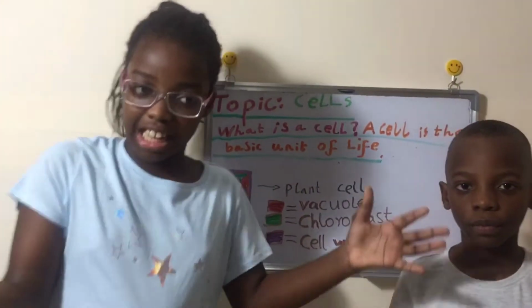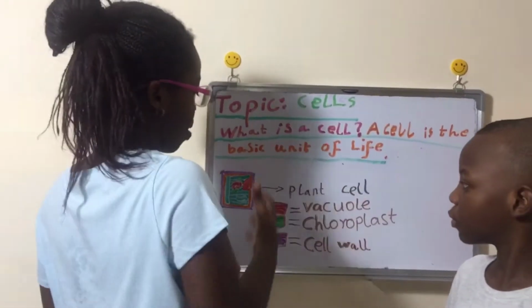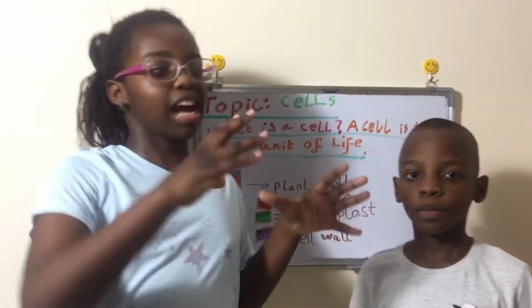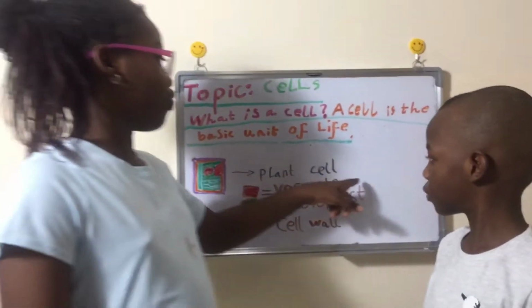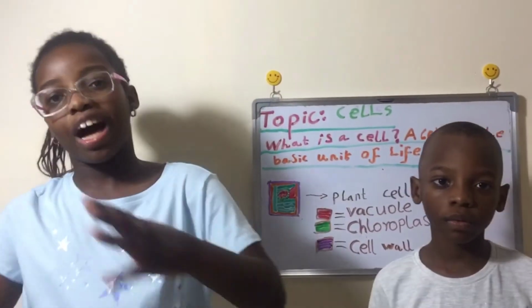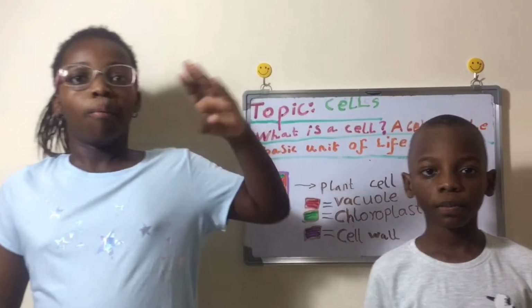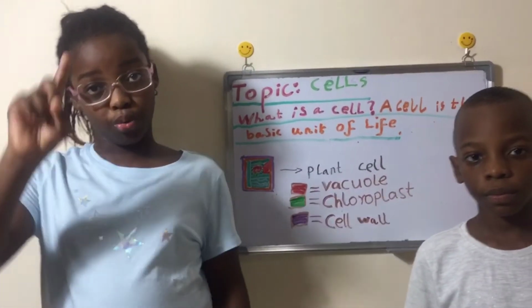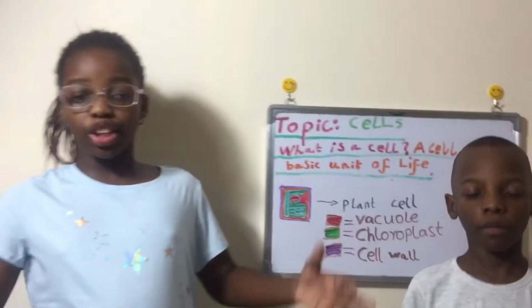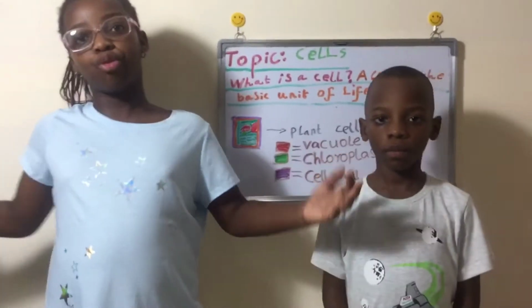Moving to plant cells, let's take some parts that plant cells have but animal cells do not have. So the first is vacuole or vacuoles. But to them, it's only a vacuole, only one. These vacuoles are meant for storing food.